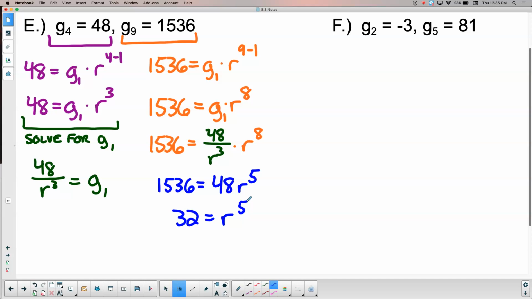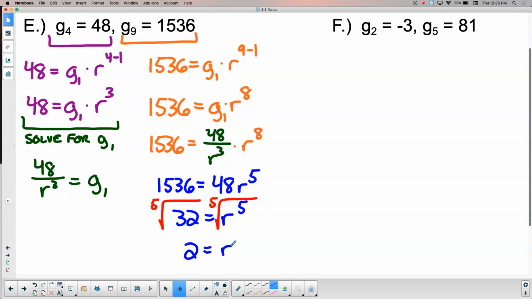Just a plain old root. Fifth root both sides. Fifth root of 32 is 2. Fifth root of r to the 5th, that's just r.